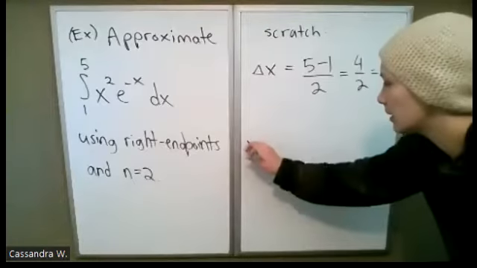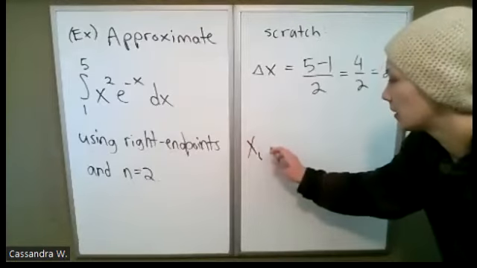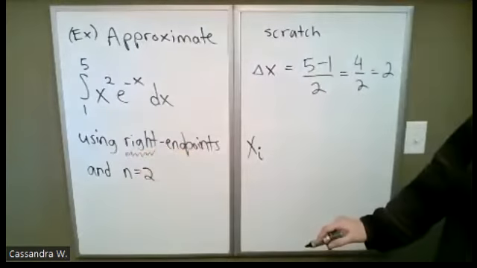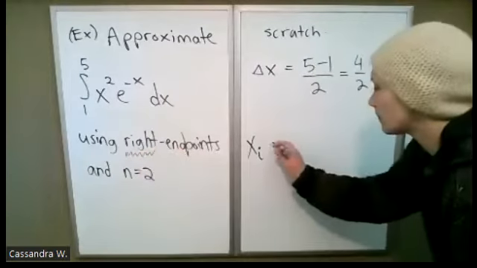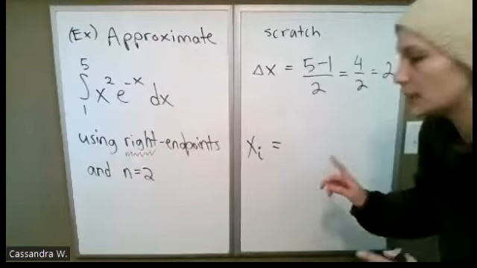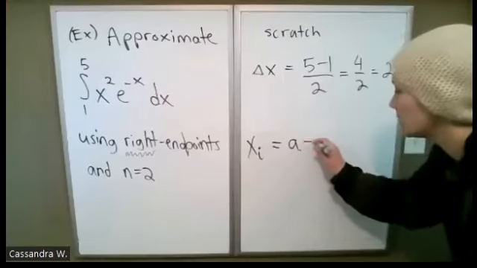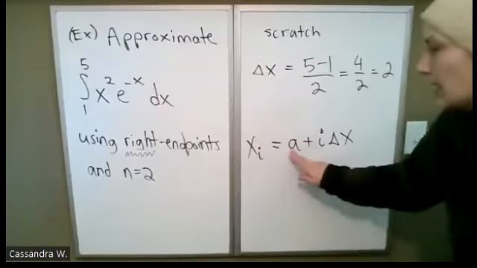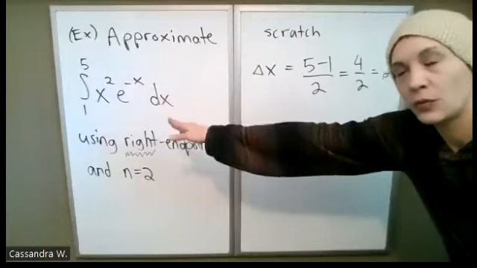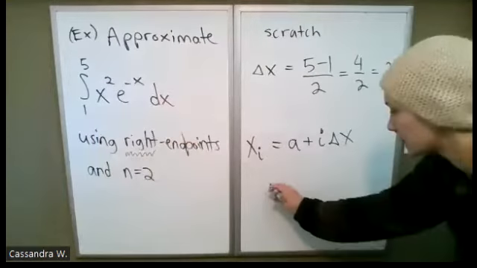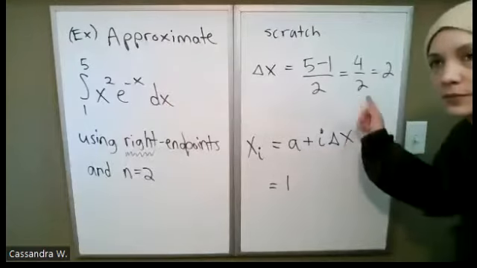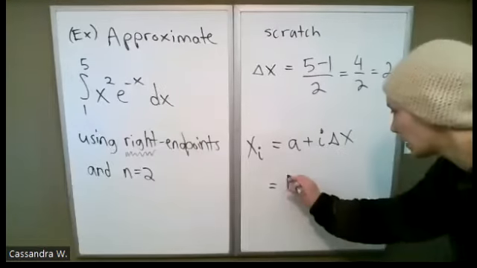X sub i with the right side is a plus, I'm going to write it down, a plus i times delta x. A is that place where you start, 1. And then plus i times 2, or plus 2i.